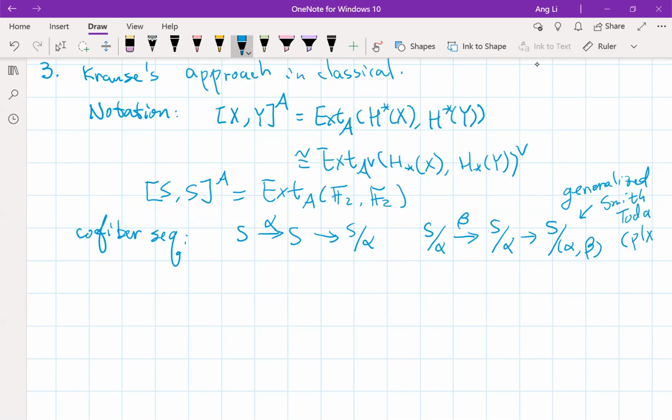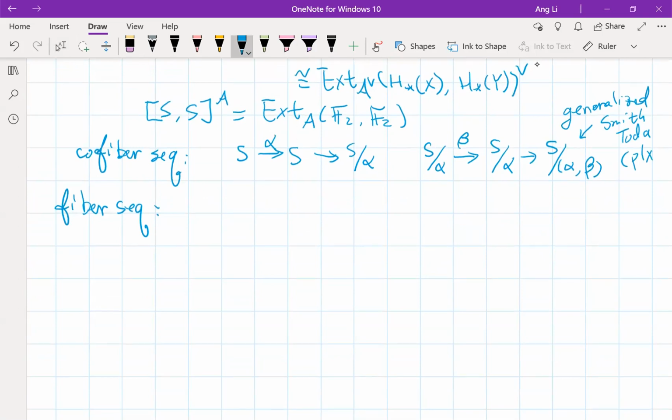And I would also like to consider the fiber sequence, for a reason. How do I consider the fiber? I invert h0 in my sphere spectrum and then take the fiber of that.